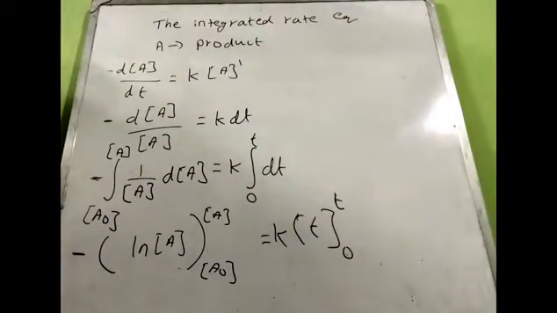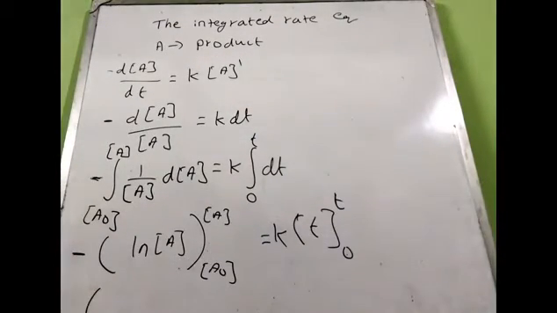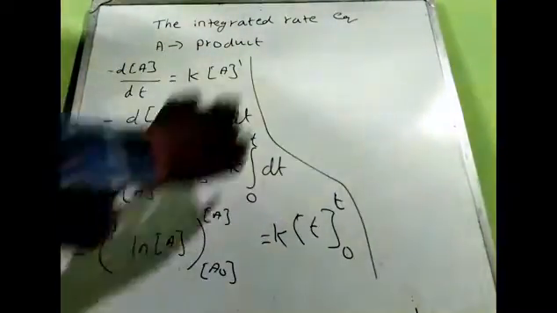Then substitute the upper limit and the lower limit, and it becomes minus.